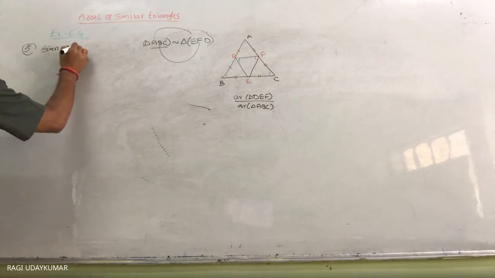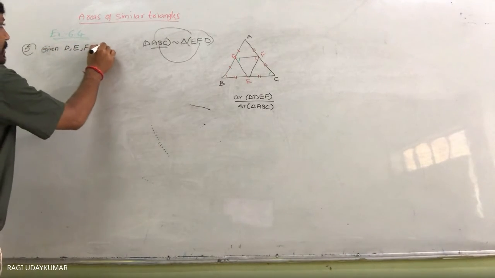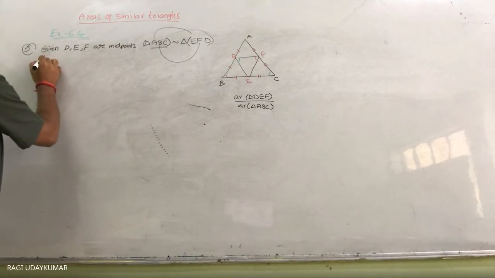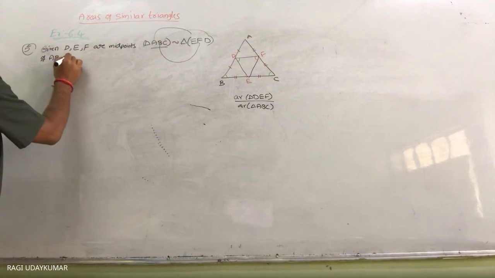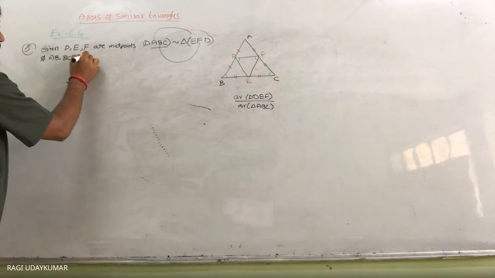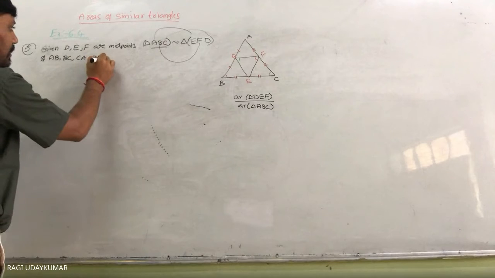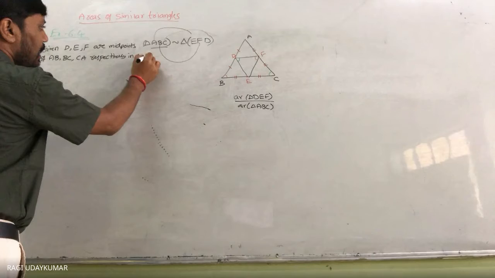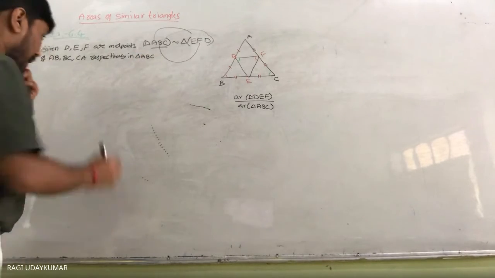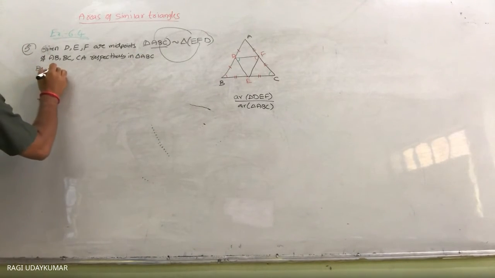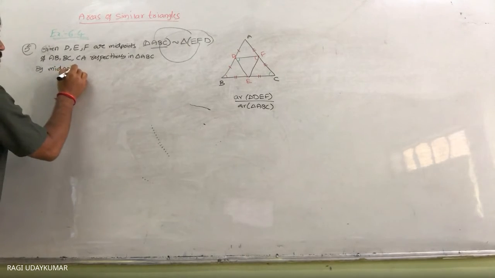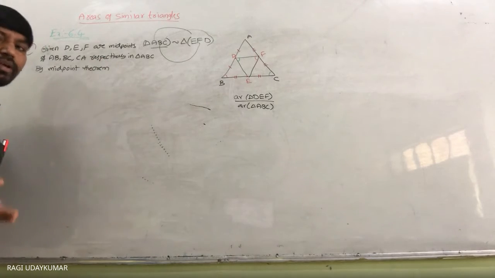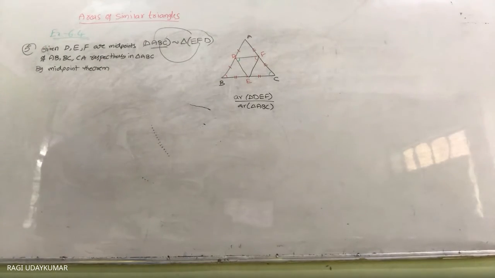Given D, E, F are midpoints of AB, BC, CA respectively in triangle ABC. By the midpoint theorem, you can use the midpoint theorem or the basic proportionality theorem also.